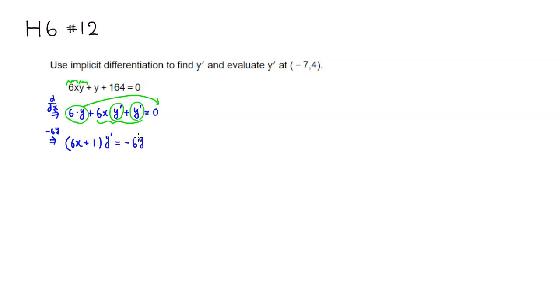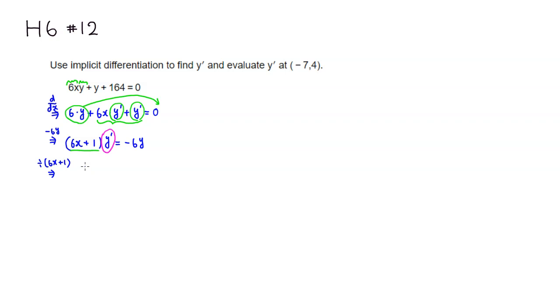Since we're interested in y prime, we need to get rid of this factor, so we can simply divide through by the quantity 6x plus 1.